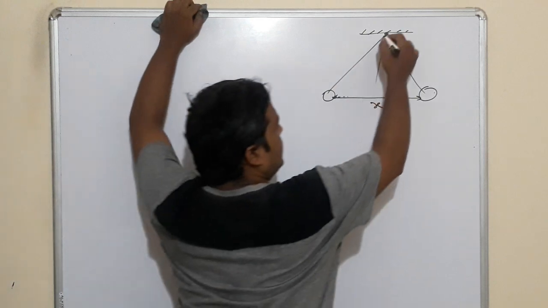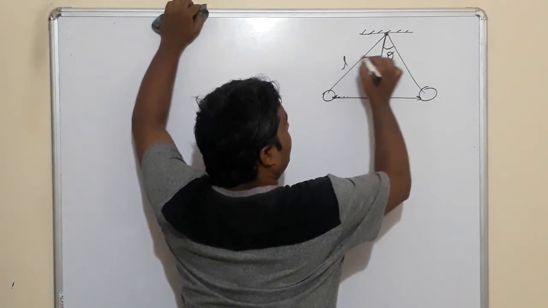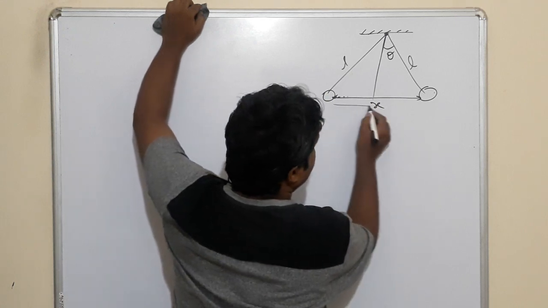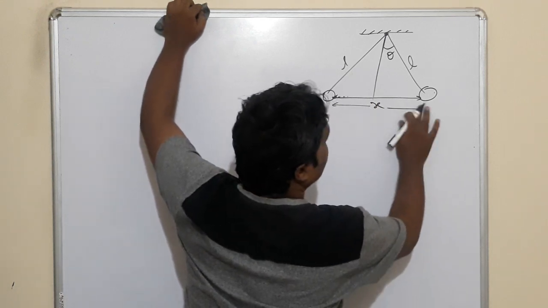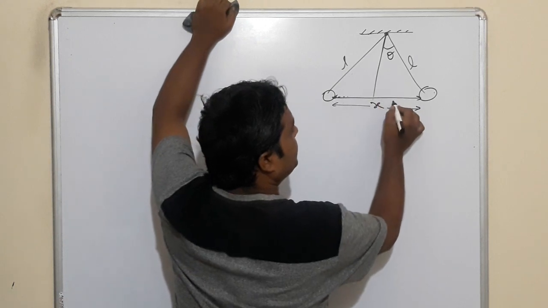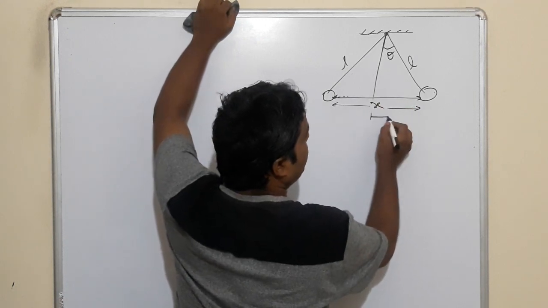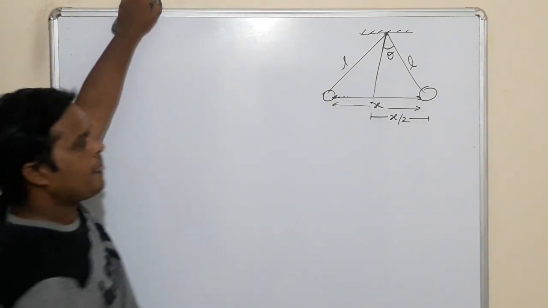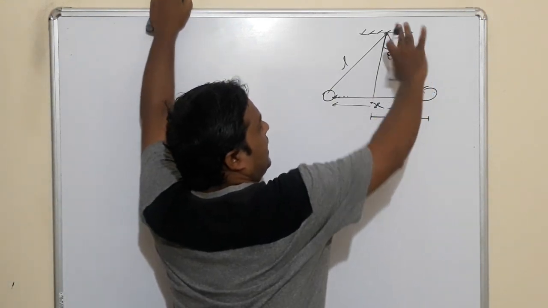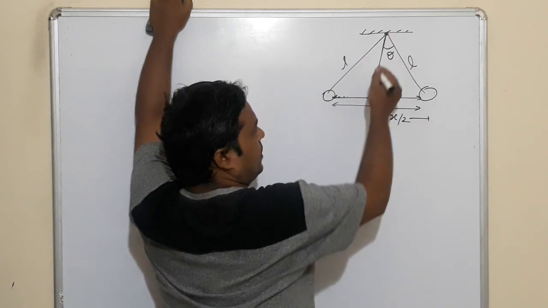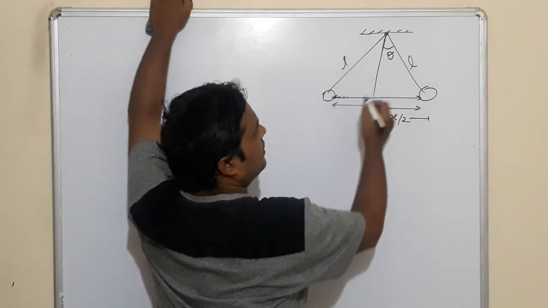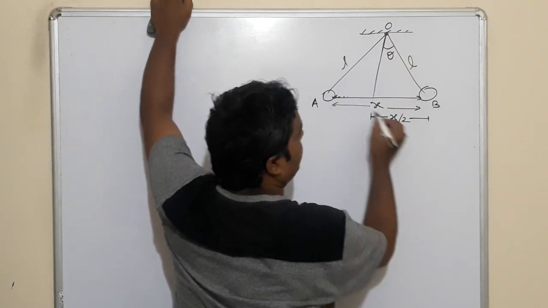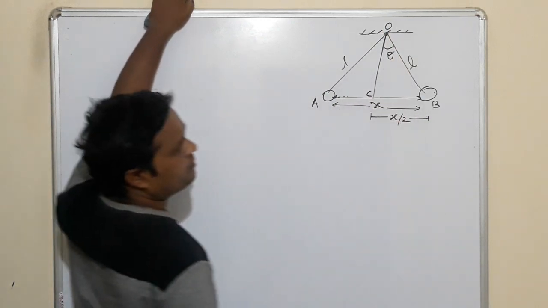Then this is L, this is L, and this is x. Then what will be this? This half distance will be x by 2. Okay, this is x by 2, this is L. I can write this also. Let us suppose this is O, this is A, this is B, this point is C.